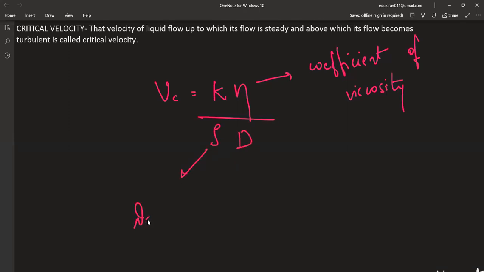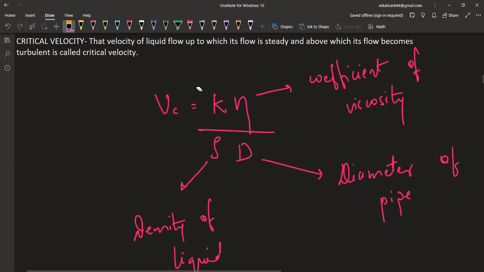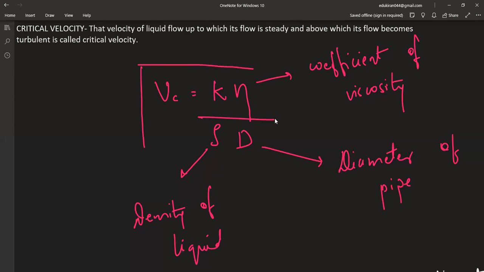Rho is the density of liquid. D is the diameter of pipe. All right.